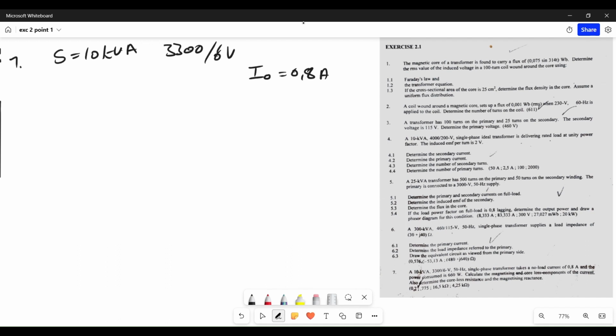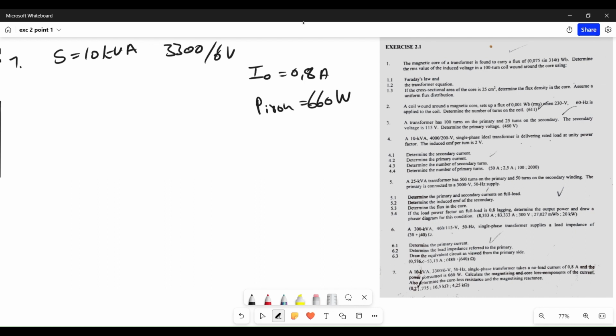It's open circuit, and the power consumed on no load when the no load current is flowing is the iron loss. So this is P iron, 660 watt. You can check out my videos on open circuit test and short circuit test to understand.